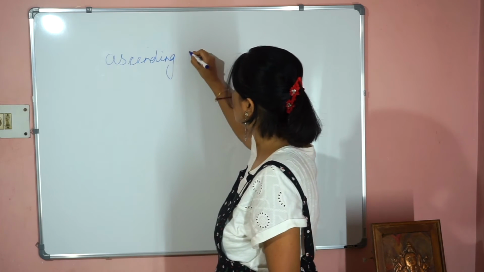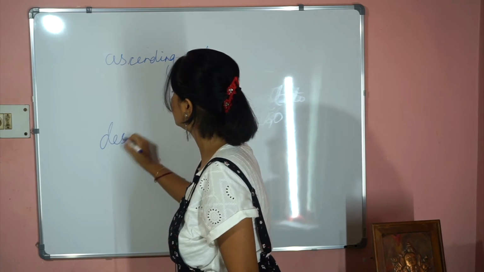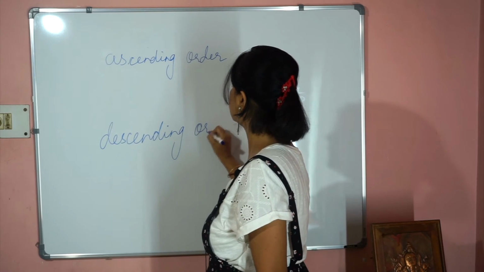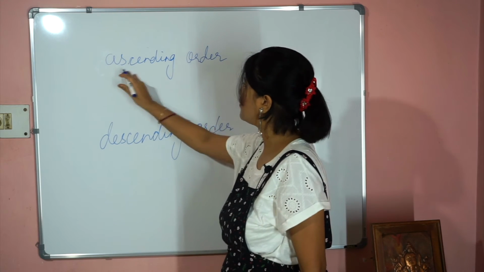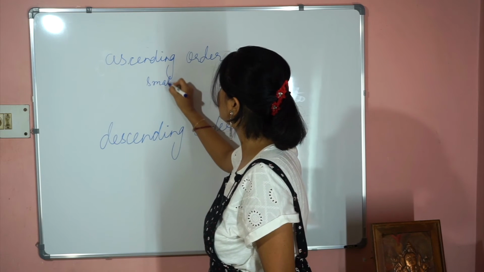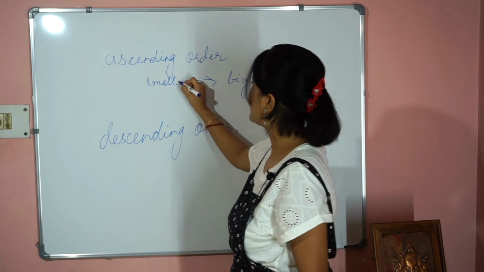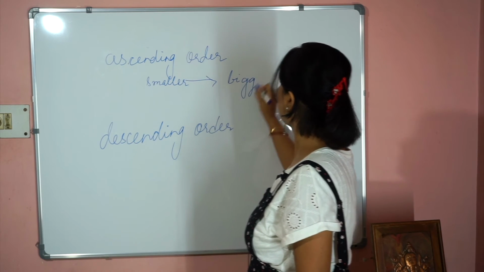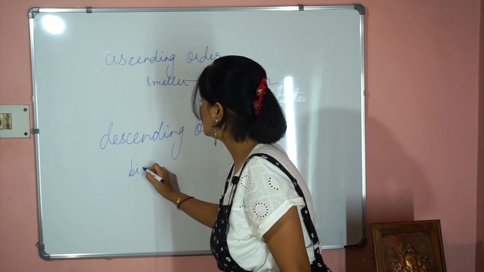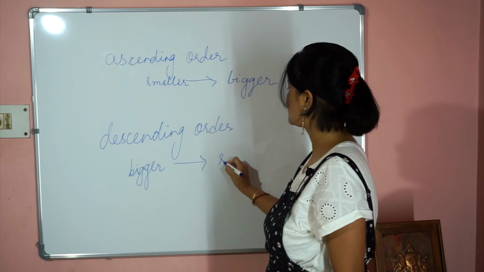Ascending order and descending order. Now remember, for ascending order we move on from smaller number to bigger number, right. I may write here smaller to bigger, and for descending from a bigger number we move on to a smaller number.